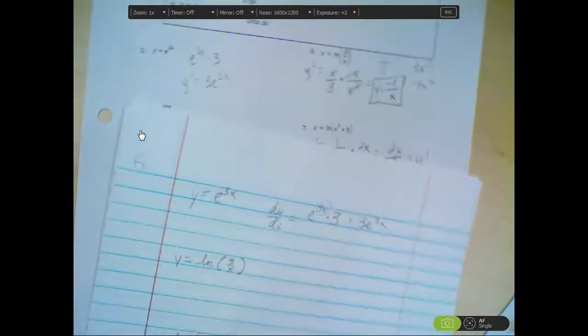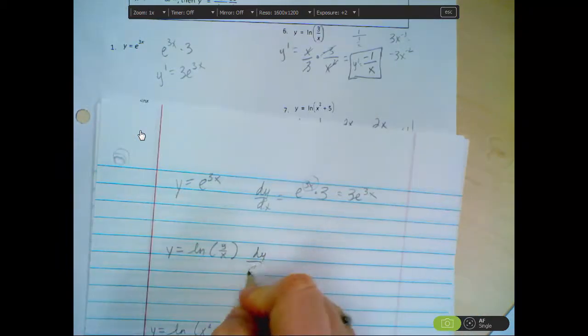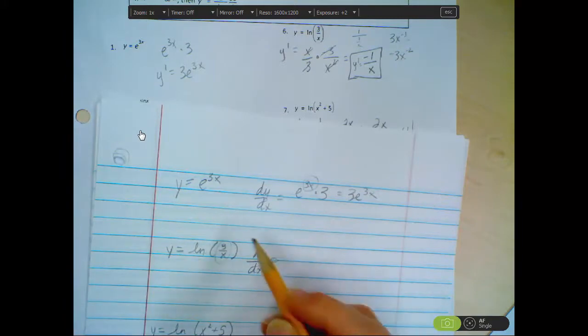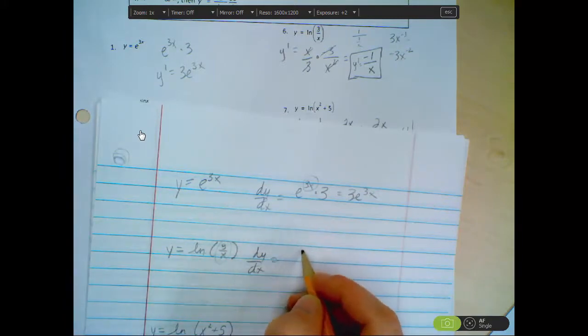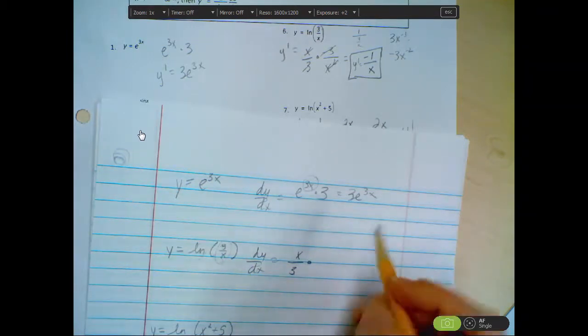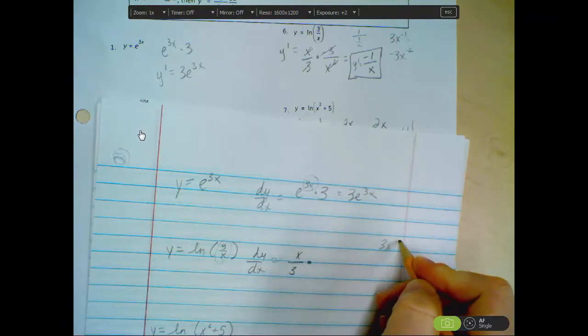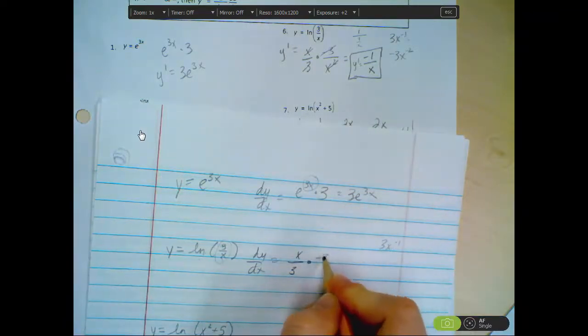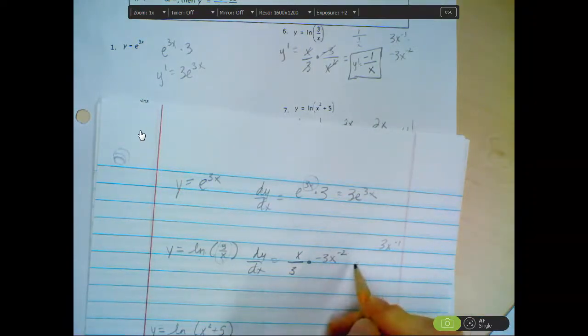So the derivative of this would be 1 over the fraction, which is just the reciprocal, times the derivative of that, which if you think of it as 3x to the negative 1, the derivative would be negative 3x to the negative 2.